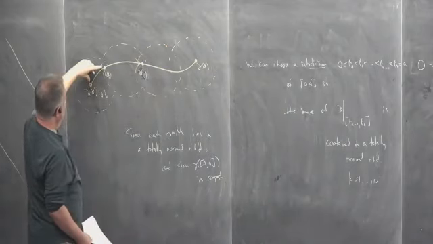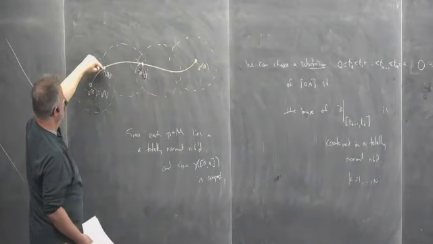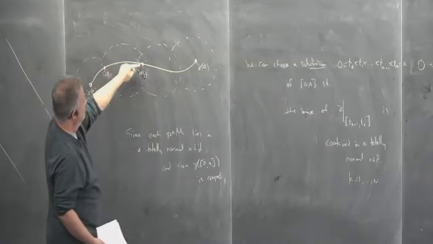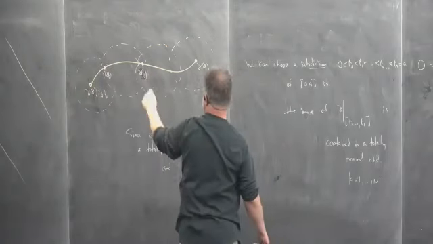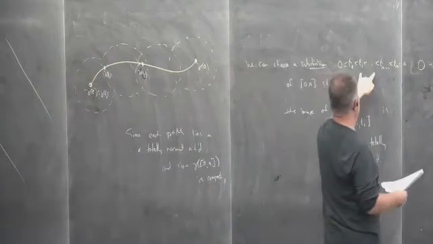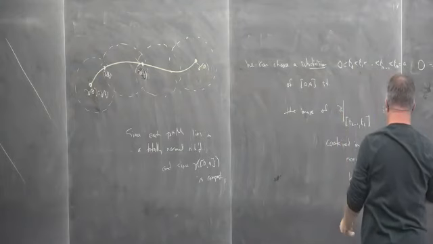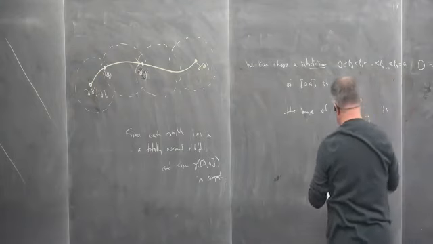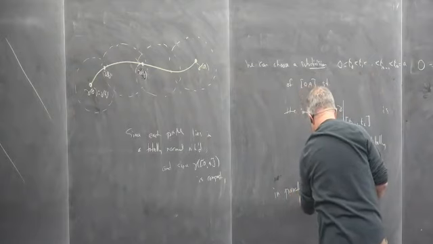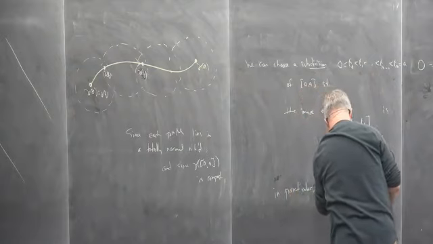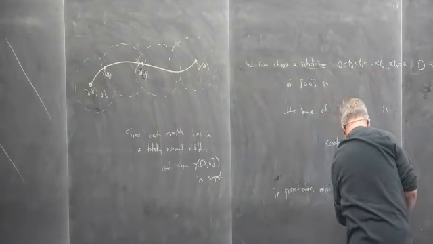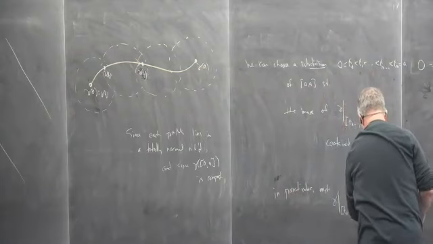So each of these segments from gamma of Tk minus 1 to gamma of Tk lies completely inside one of these normal neighborhoods. Okay, and that's because this is the finite cover by normal neighborhoods. So in particular, each gamma restricted to Tk minus 1, Tk is minimizing.